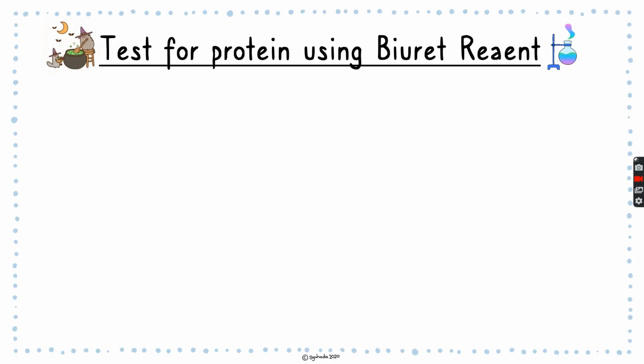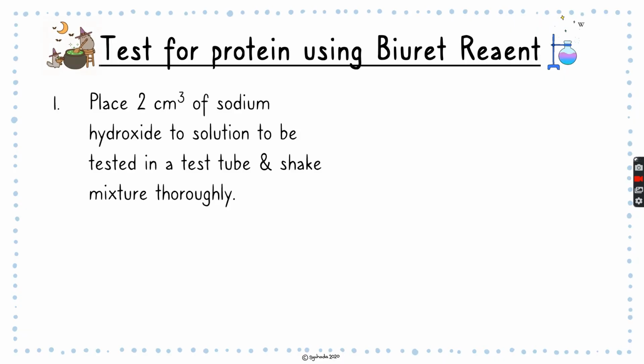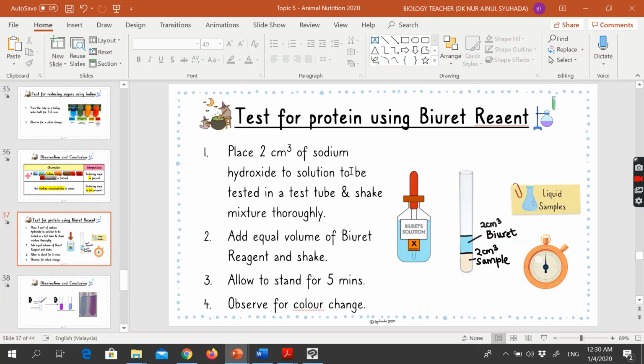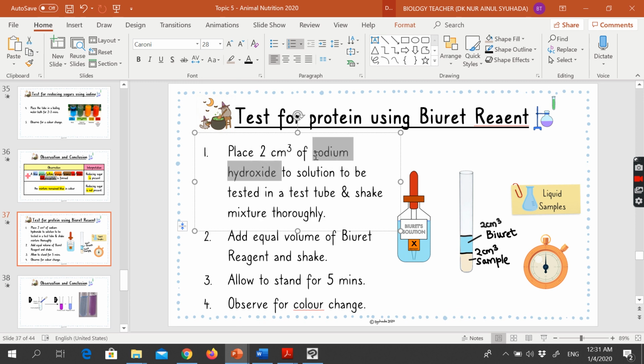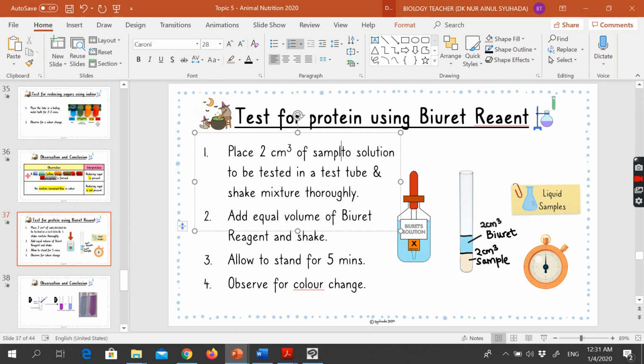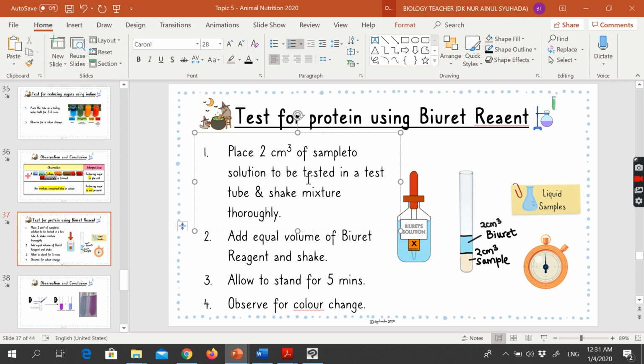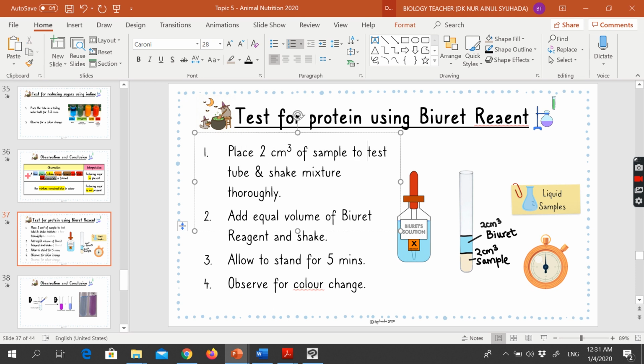Okay, and now we're moving on to testing for proteins. So the first thing you need to do is you need to place 2 cm cube of, okay, not sodium hydroxide actually. Let's just say sample, to a test tube.